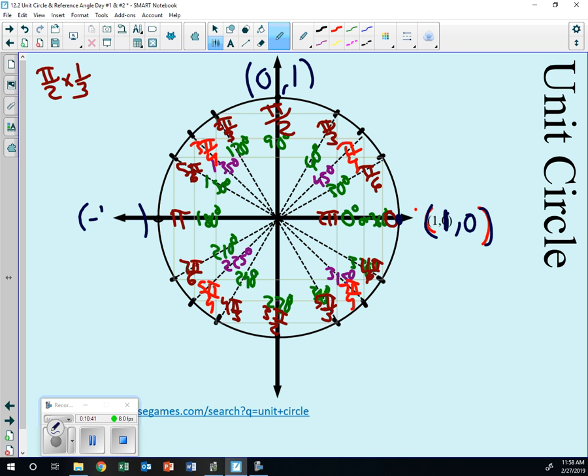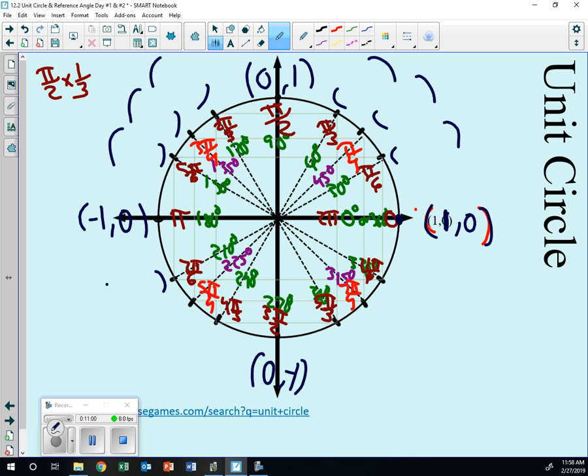And this will be back 1, up 0. This will be over 0, down 1. So those coordinates are easy, right? And then to get all of the rest, we're going to use a little strategy that I call making rectangles. And I think you're going to like it.